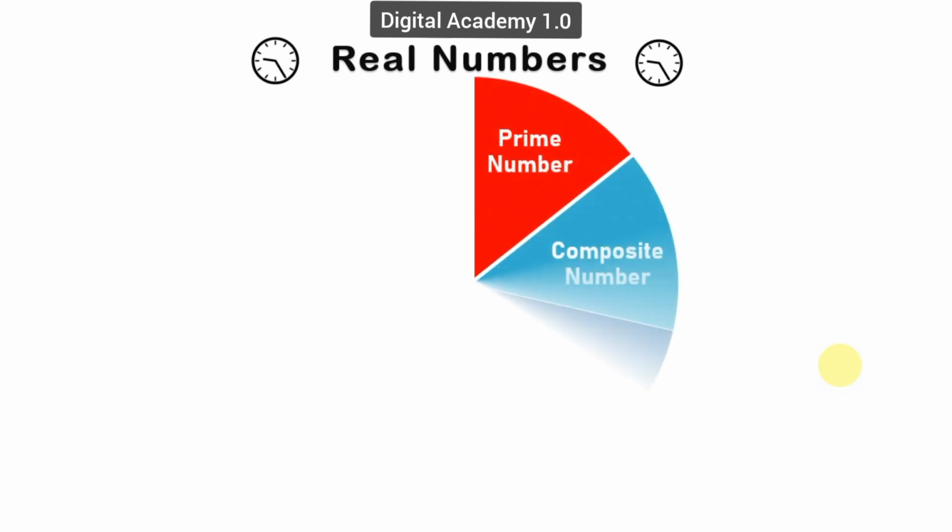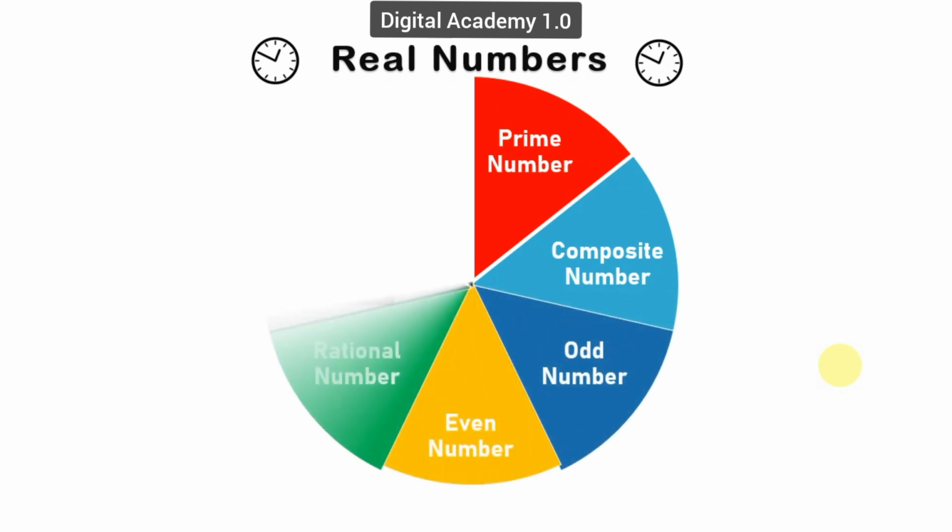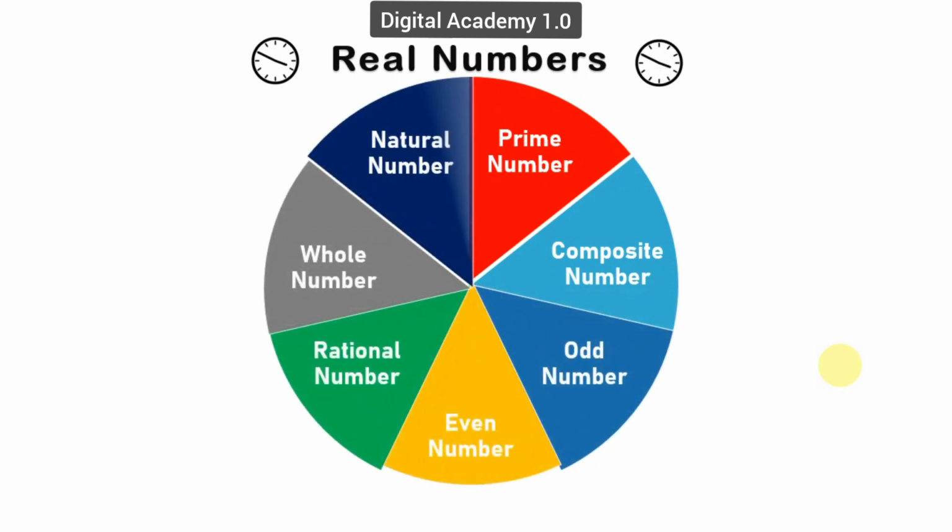In this lecture we will cover real numbers and their types with real life examples, so stay connected with us till the end. Basically, it is a set of numbers that includes all natural numbers, whole numbers, integers, odd numbers, even numbers, prime numbers, composite numbers, rational and irrational numbers, used to represent quantities that can be measured, such as length, mass, and time.